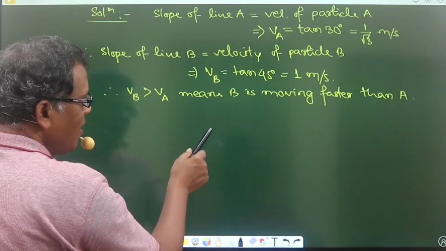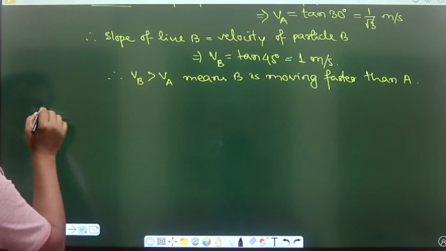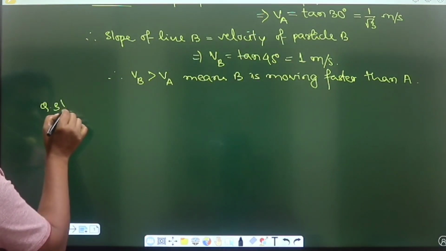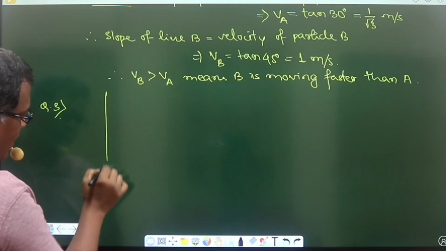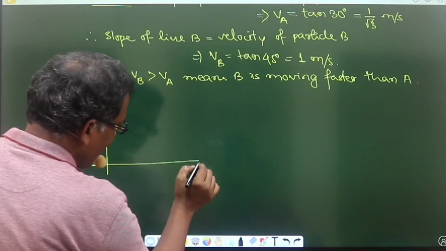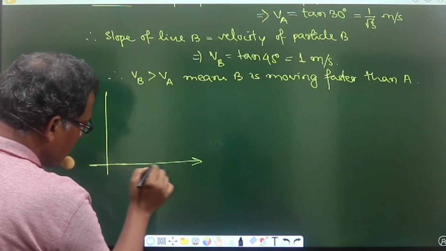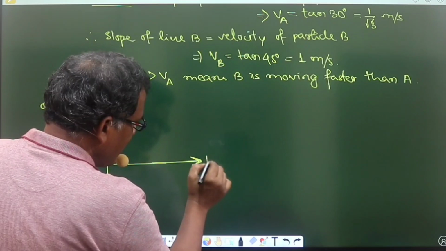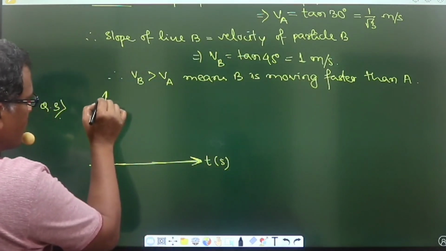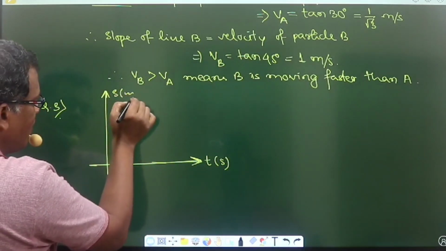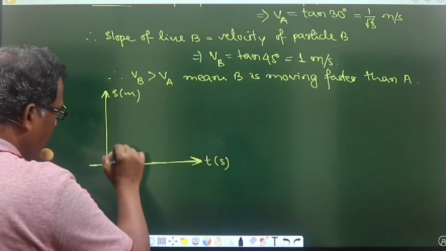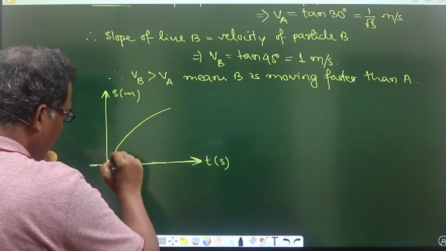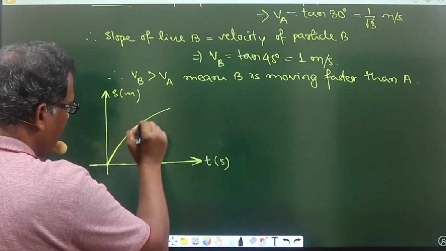So now, in the next question, again in a displacement-time graph, with time in second and displacement S in meter, a particle's motion is shown by this graph.